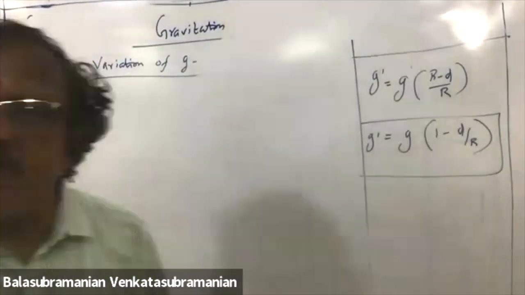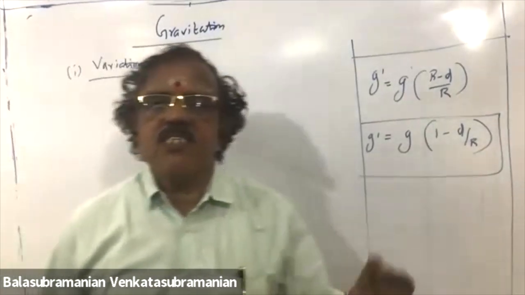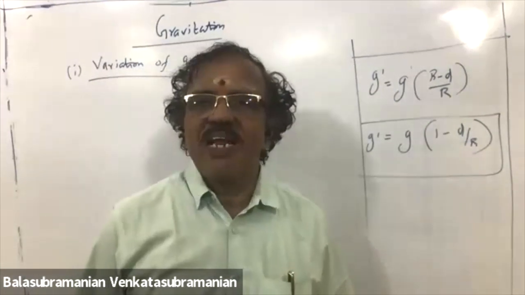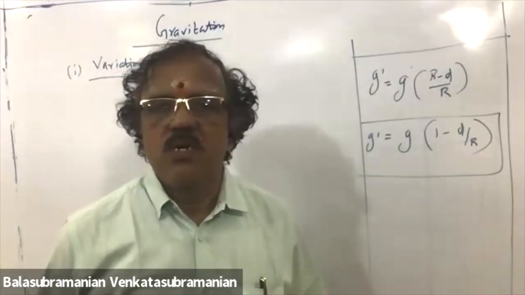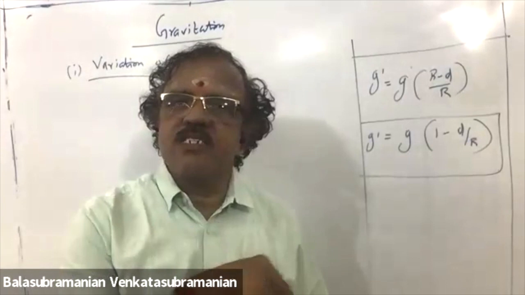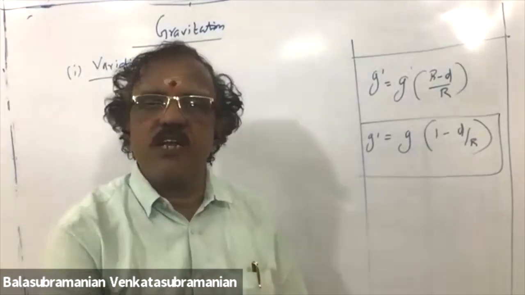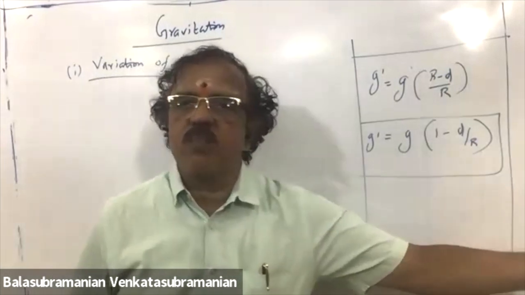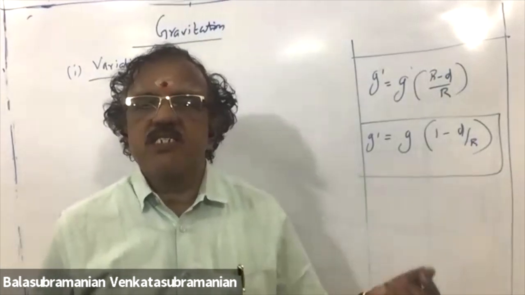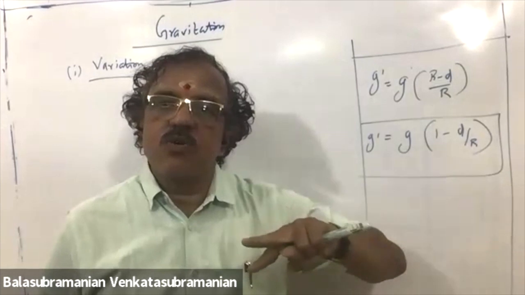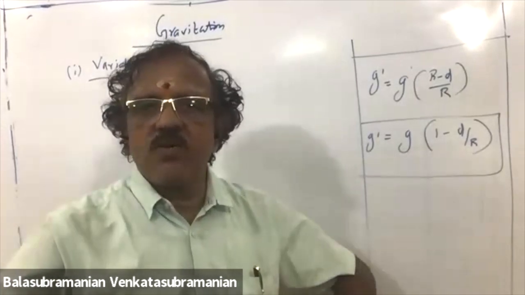Variation of g due to change in shape of Earth, latitude. When Earth is rotating, that is different. We are considering Earth is not rotating and deriving the formula. We have a separate derivation: variation of g with latitude due to rotation of Earth. That we are not going to discuss here.